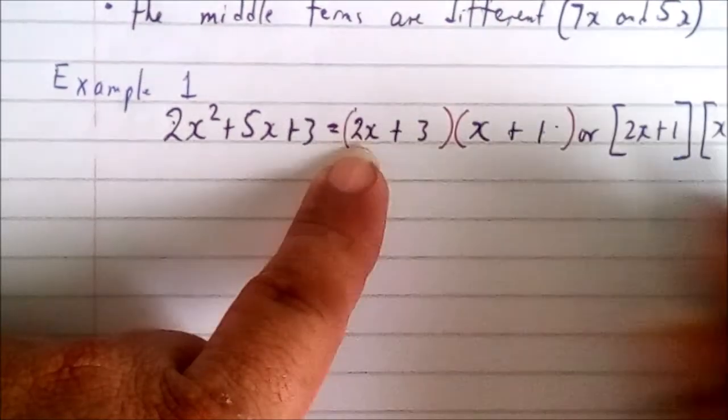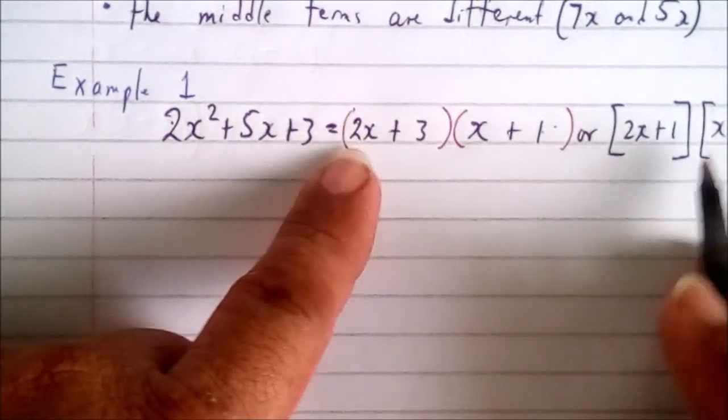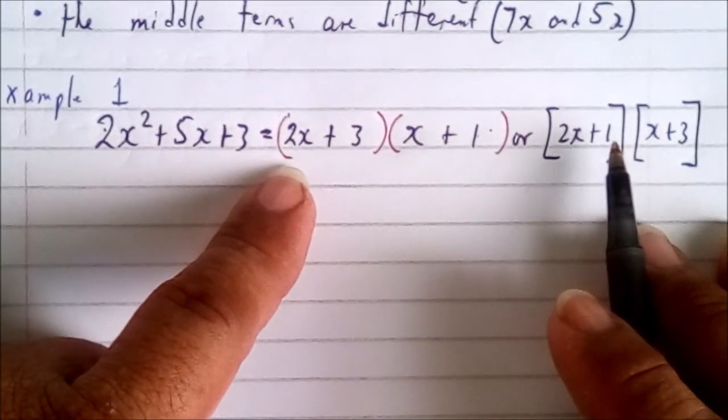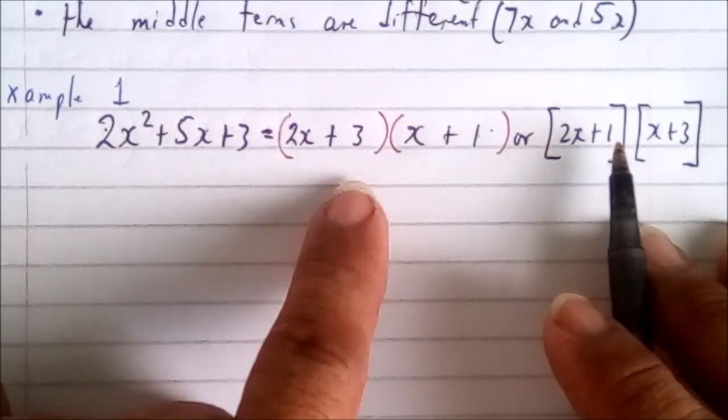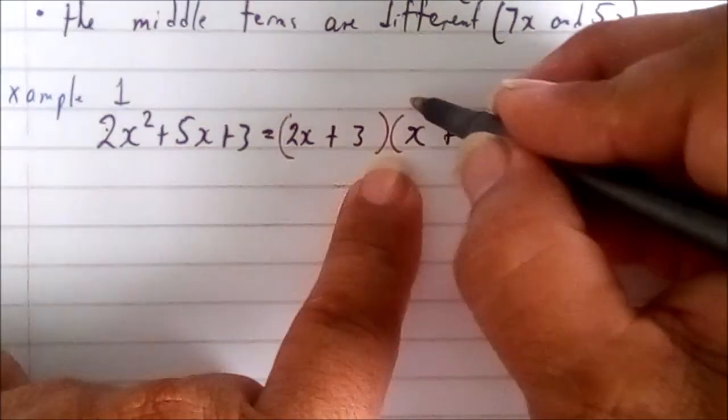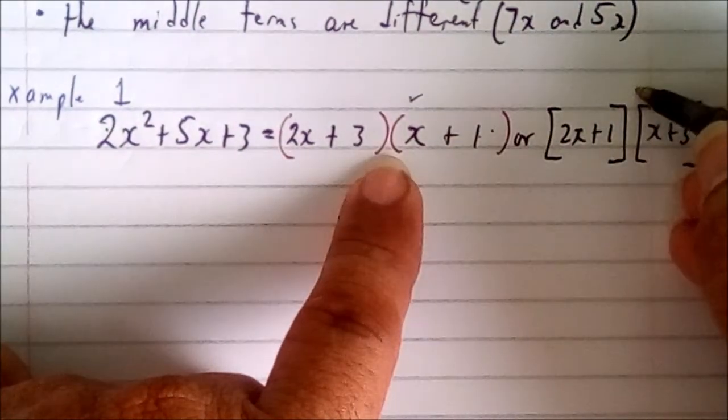Those are the only two possible ways. We're not saying that these are the two solutions, we're saying these are the two possible ways. So this possibility here is the correct one, and this is the incorrect one.